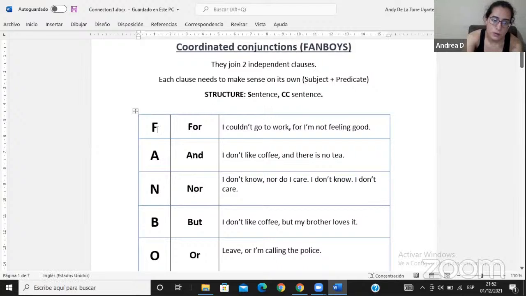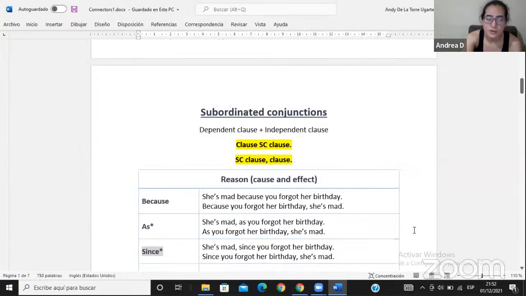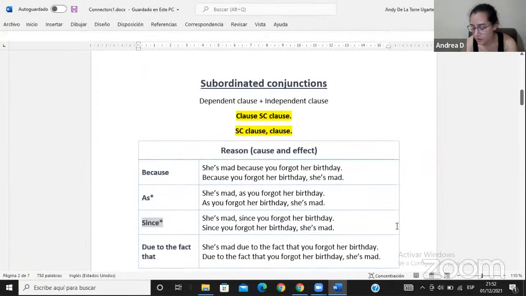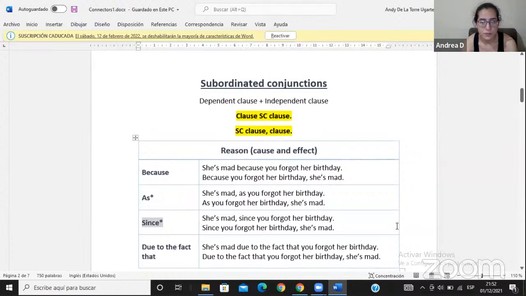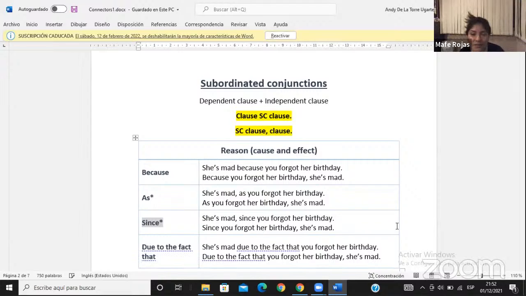These were the fanboys: for, and, nor, but, or, yet, and so, right? Do you remember what those were? Can you tell me? F is for, could be because. Exactly. A for and. Can I do it not in order? Yes, of course. B, but.